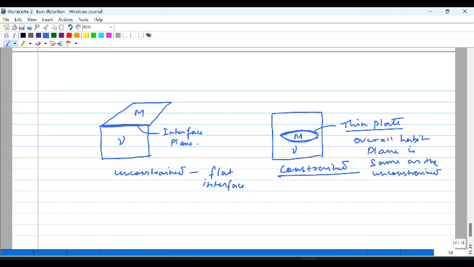The strain energy will be minimized for such a morphology. Okay. So now we have defined the habit plane, which remains invariant. This plane remains unchanged. Okay.